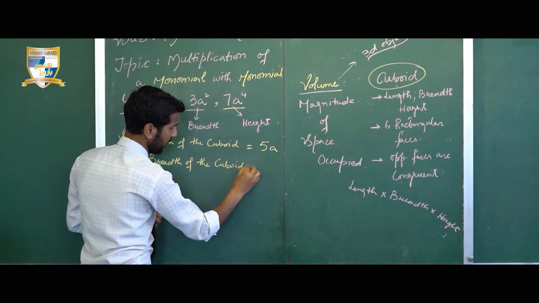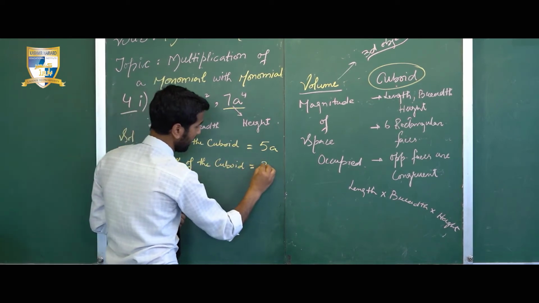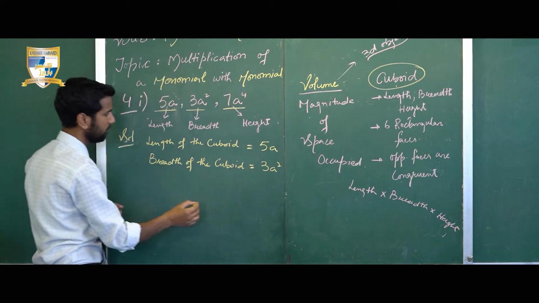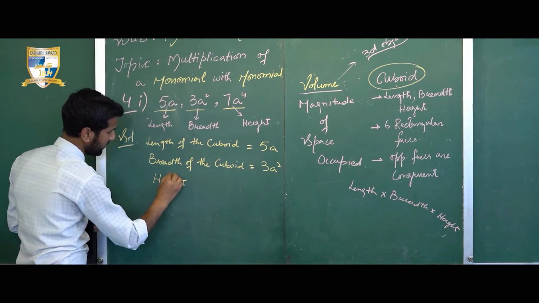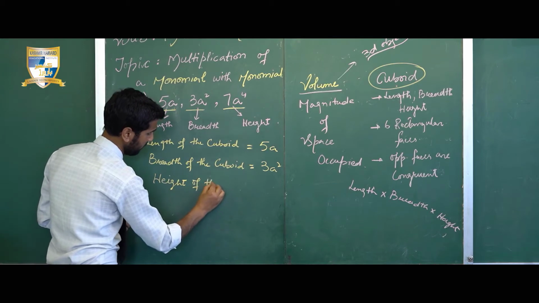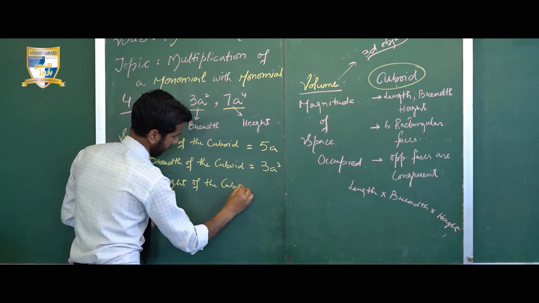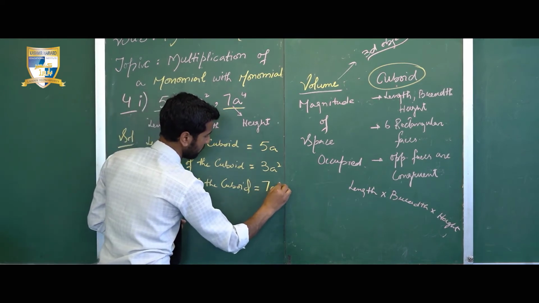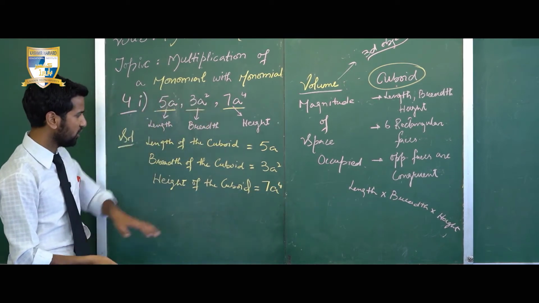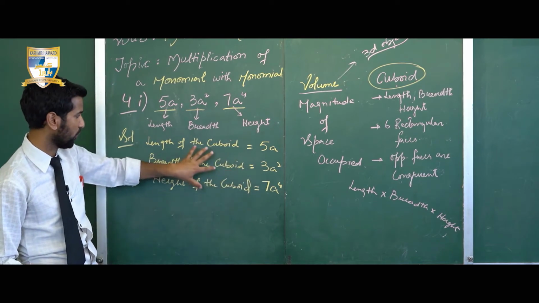Breadth of the cuboid is equal to 3a square here. And height of the cuboid is 7a raised to the power 4 here. So these 3 are the 3 dimensions of a cuboid.